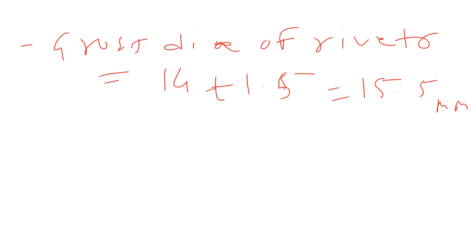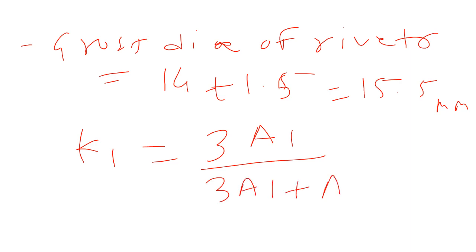Then we have to find out the net sectional area of the connected leg and the outstanding leg. This is as per the procedure for the tension member, wherein we are using a single angle connected to the gusset plate. The formula says that we have to determine K1 equal to 3A1 divided by 3A1 plus A2.